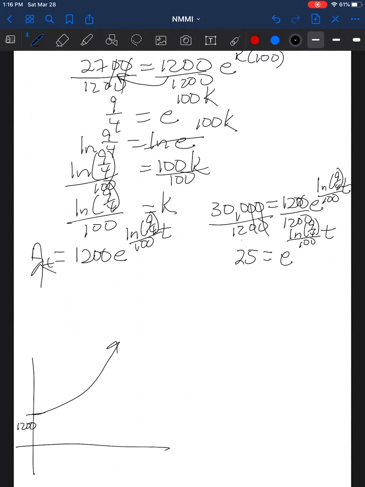Okay, now this e and this ln don't cancel, all right? Because that's not the only thing that's in that exponent. It's not the ln of everything up there, okay? So don't make that mistake.